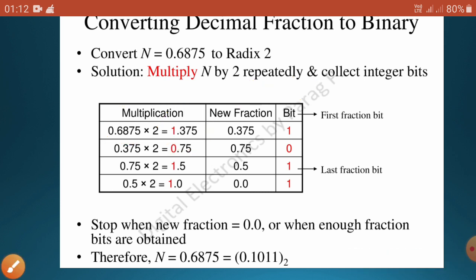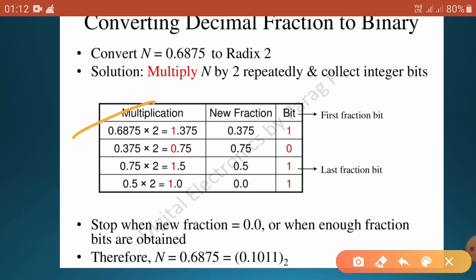Then again we multiply this fraction by 2: 0.375 times 2 gives us 0.75. So we write 0.75 under new fraction and 0 under the bit column.